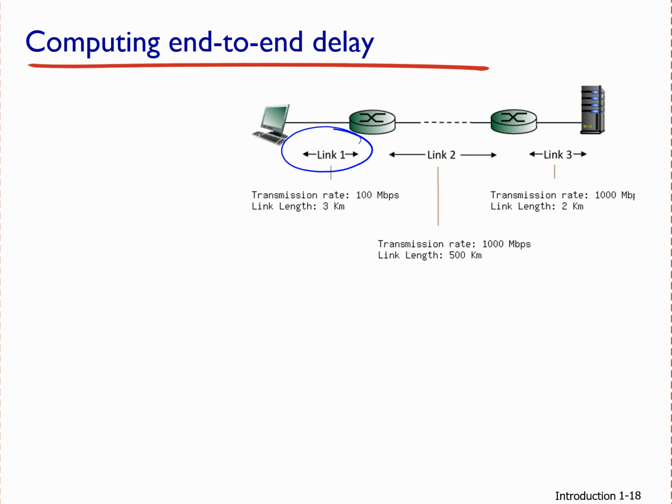The link has a rate of 100 megabit per second, so the transmission delay equals, remember, L divided by R, which equals 4000 bits, which is the L from the previous lecture, divided by 100 megabits per second, and that will give you a value of 0.04 millisecond.